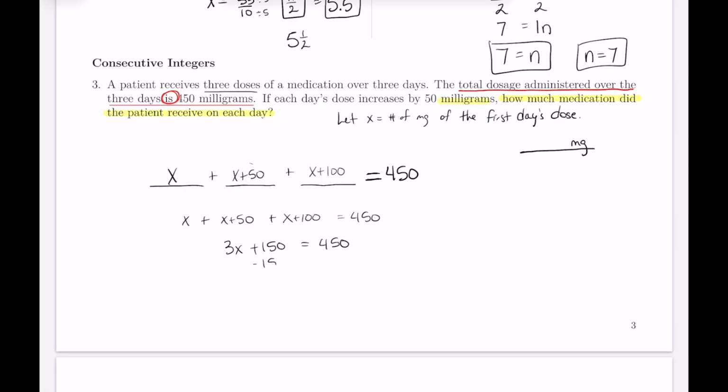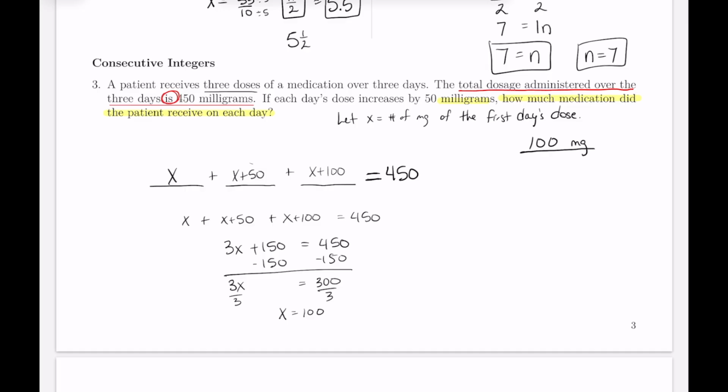So I'll subtract 150. I get 3x equals 300. And then lastly, we'll divide both sides by 3 and get x is equal to 100. Now, specifically, it's 100 milligrams.